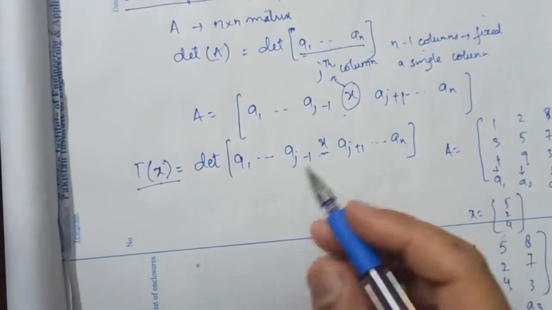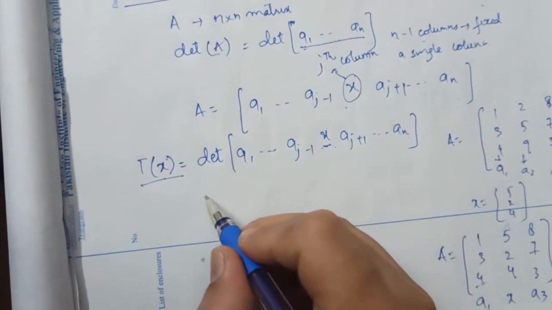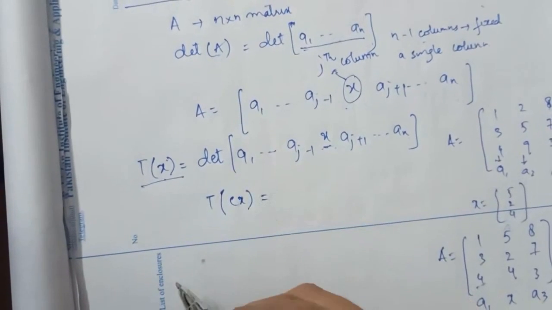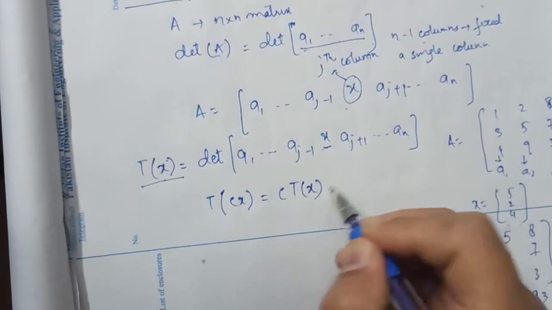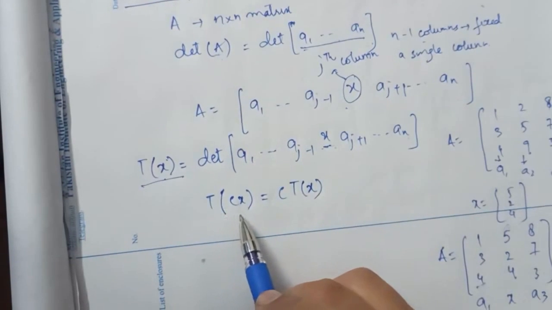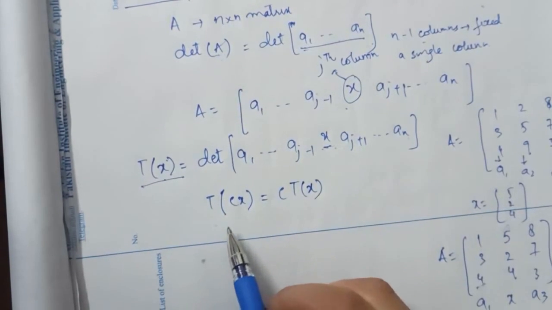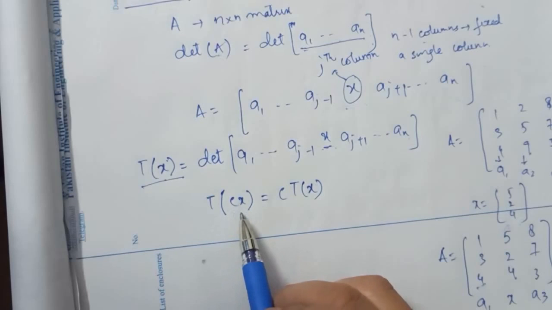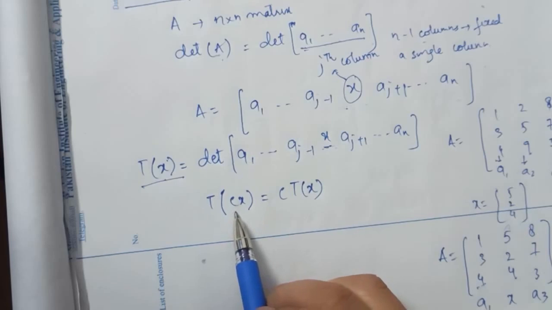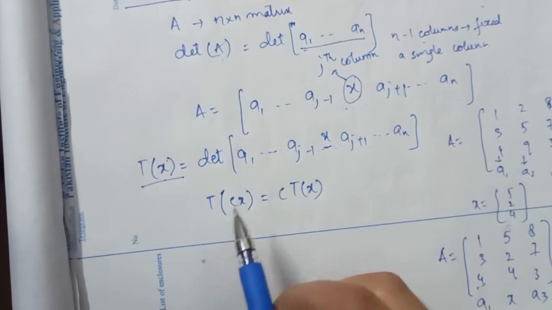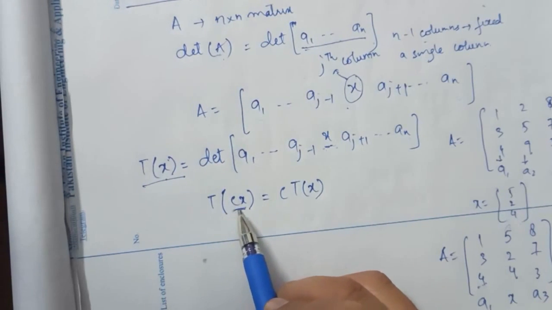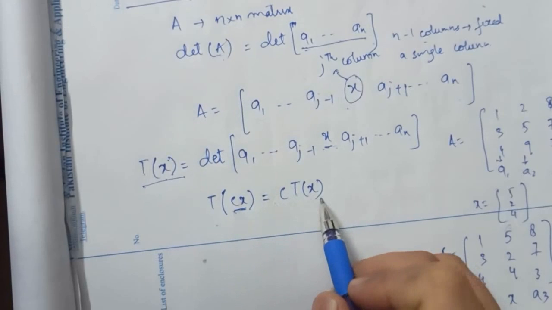If I multiply, T of cx becomes c times T of x, because remember the third property of the determinant: if you multiply a row or a column by a scalar k, the determinant becomes k times the determinant of A. So if I scale any column by c, the determinant becomes c times T of x.